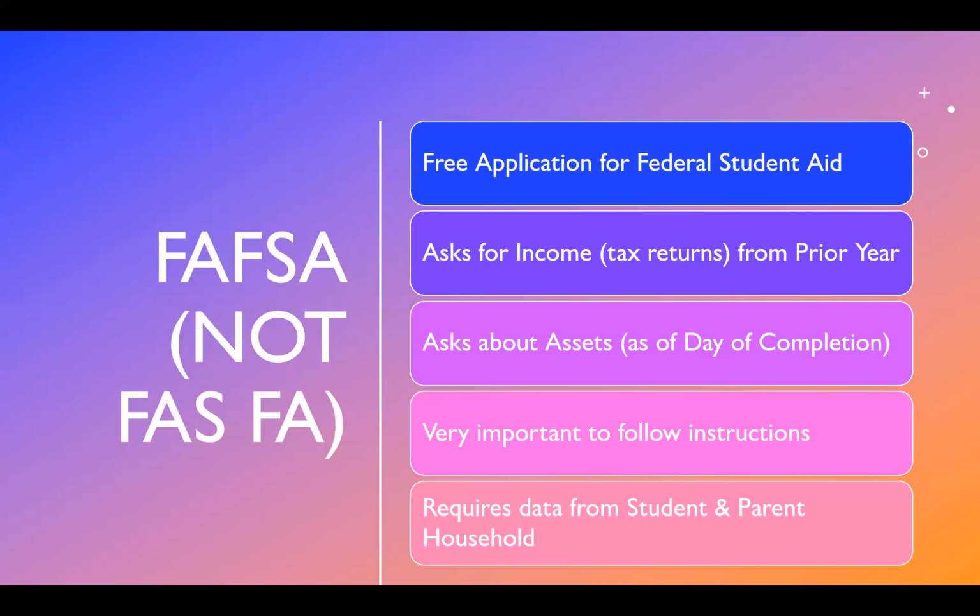It will ask about your income, and for that, they will be looking at tax returns from the prior year. So when you go to fill it out, whether it is in October, not likely, or December, we are talking about the tax returns for 2023. It will ask about assets as of the day you're filling it out.